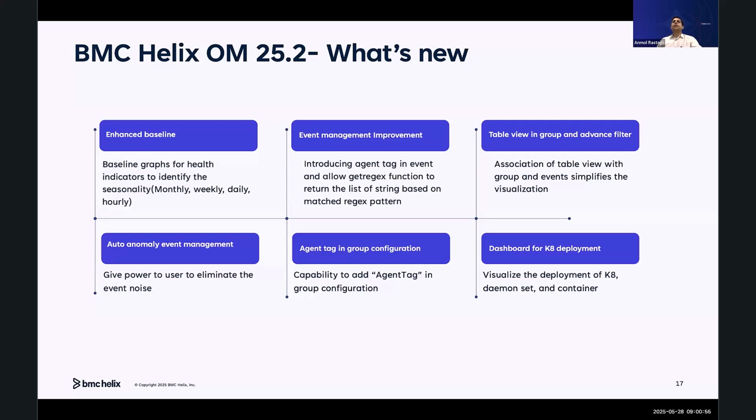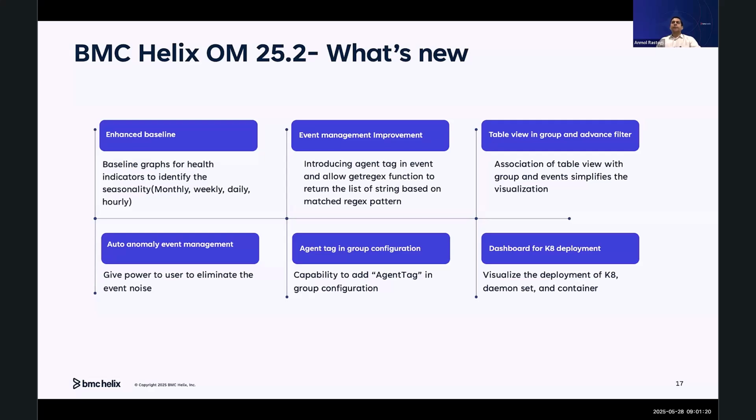Then we are also continuously improving our event management capabilities, either by improving the event policies by introducing new functions, or by introducing an agent tag into the event, so that it becomes easy for users to manage the events from the event policies.